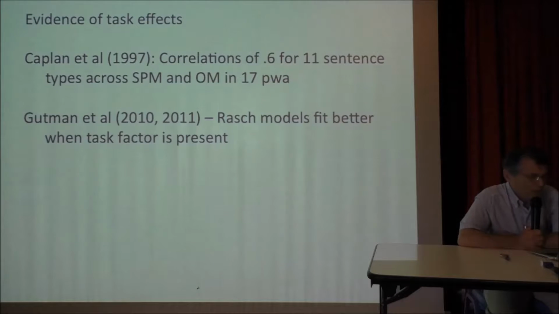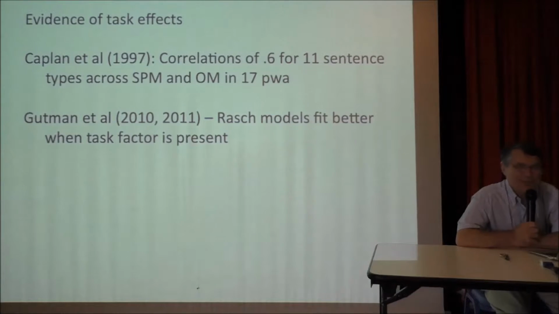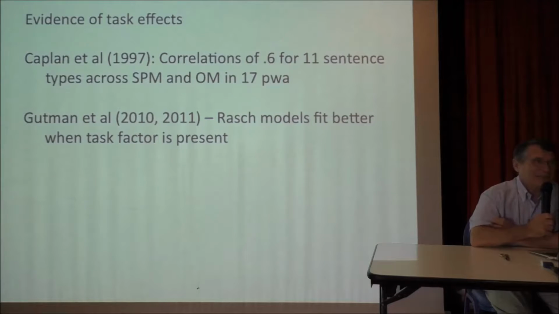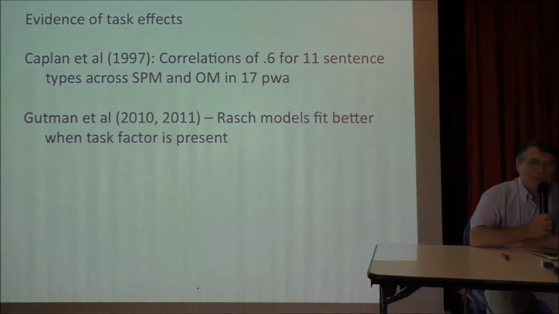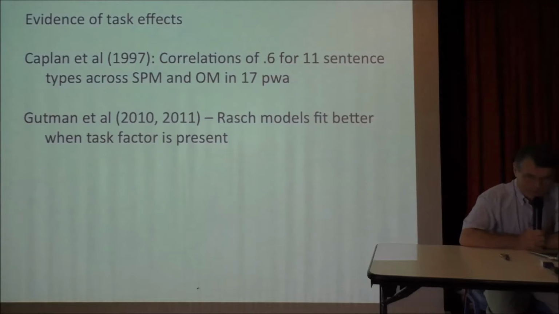So, why did I leave out, now I've forgotten their names, this Australian group. I think it's because, well, I don't know, I left them out for reasons of time. But there were two patients that were described by, help me, anyway, someone or other and someone else in Australia, I'll come back in a minute, who did well in enacting the meaning of reversible passive sentences and poorly on matching reversible passive sentences to pictures.